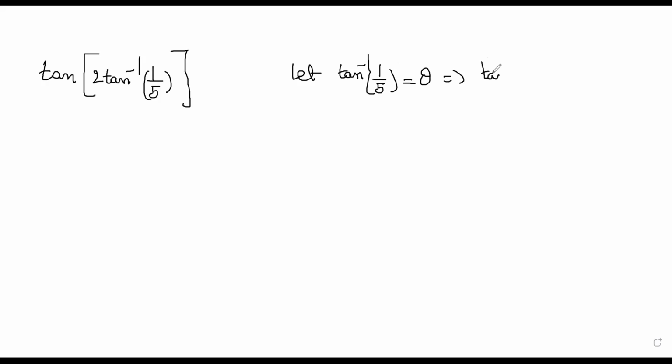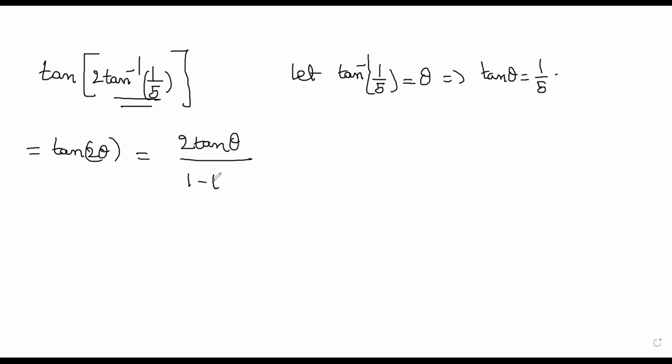So tan theta value is 1 by 5. So your entire problem becomes tan of 2 theta, right? Tan 2 theta is 2 tan theta by 1 minus tan square theta. So put tan theta value 1 by 5: 2 into 1 by 5 divided by 1 minus 1 by 5 whole square.